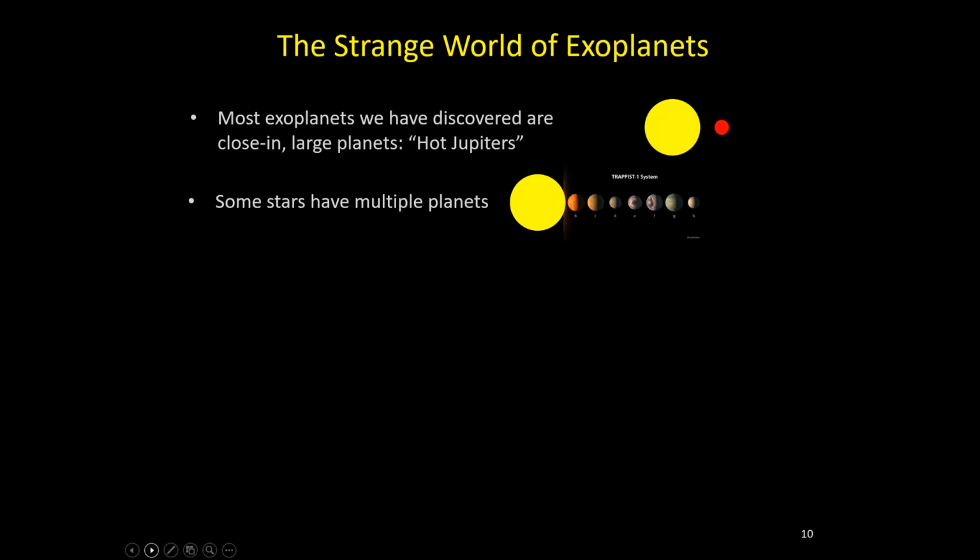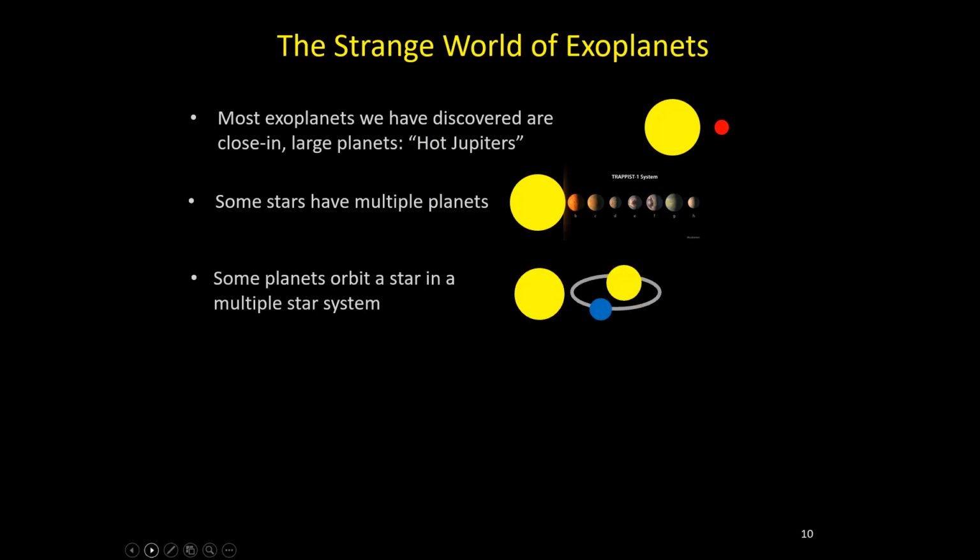TRAPPIST-1 is by far the most interesting one that has 7 planets going around its host star. Next. We have some planets that orbit a star in a multi-star system, where we have 2 stars orbiting each other, where an exoplanet is going around one of those stars.